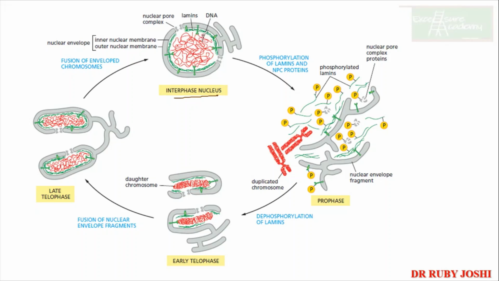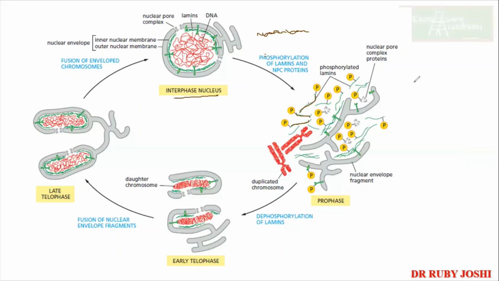This will result in the disappearance of your nuclear envelope, because lamins are phosphorylated. So these green colored intermediate filaments are now phosphorylated, and you can see they are single. Correct? What is here? They are coiled structures, but after phosphorylation they become single and the entire nuclear membrane has disappeared.